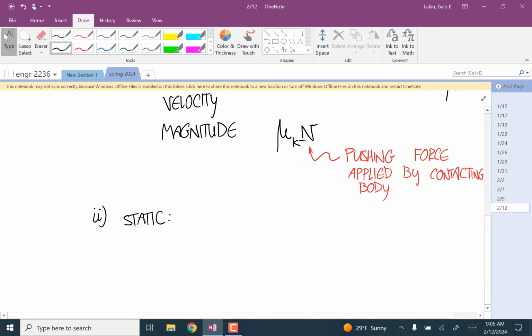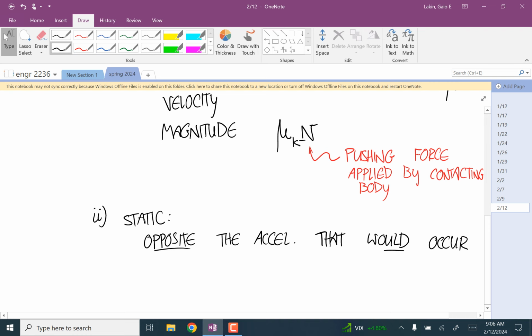But the direction is opposite, well, it can't be opposite the velocity because it's not moving. It's opposite the acceleration that would be occurring if there were no friction.